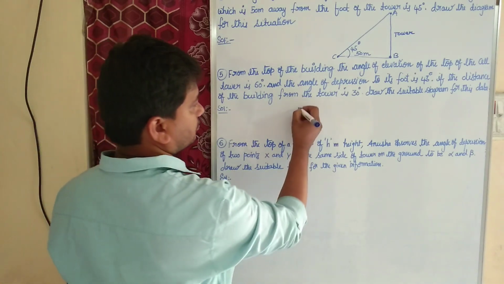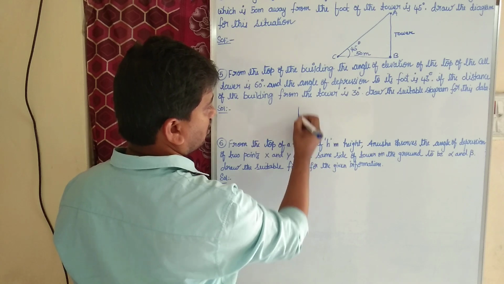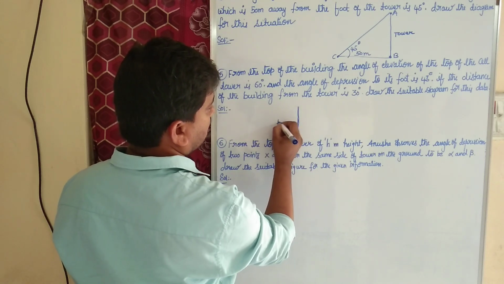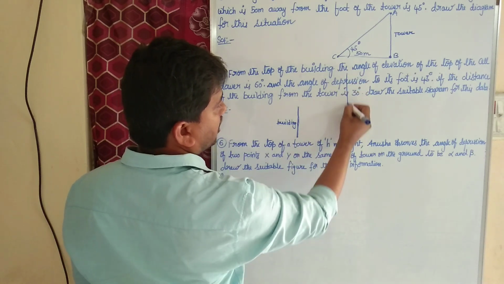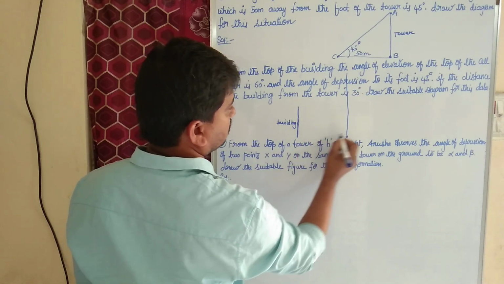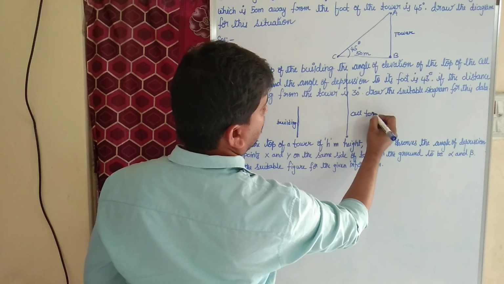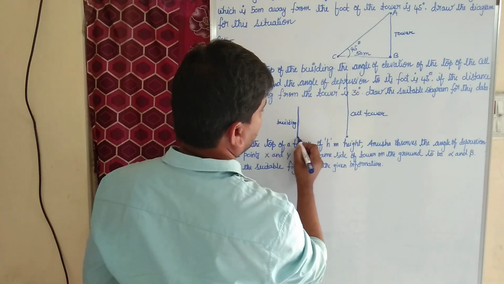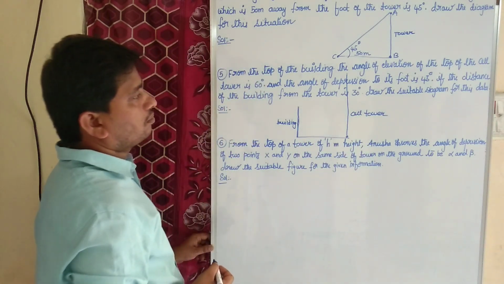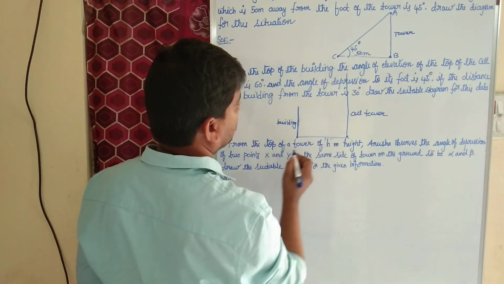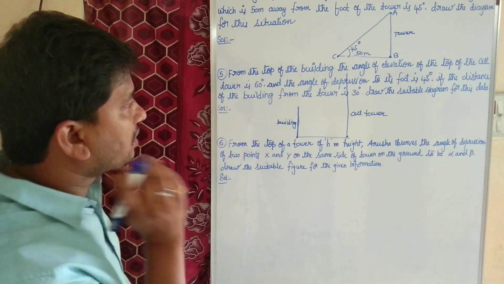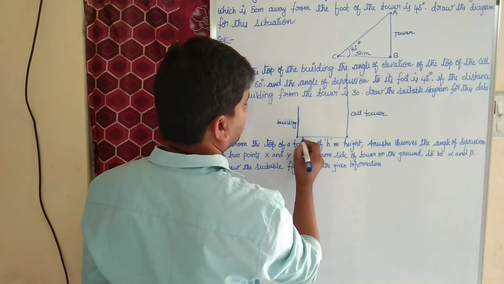This is our building and this is our cell tower. What is the distance between the building and the tower? 30 meters.